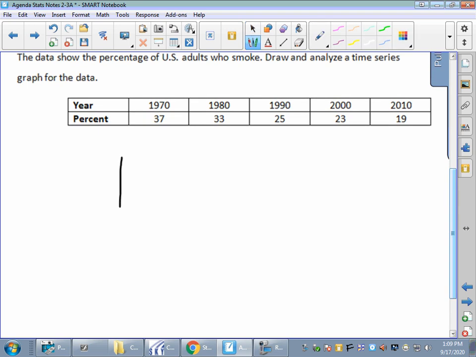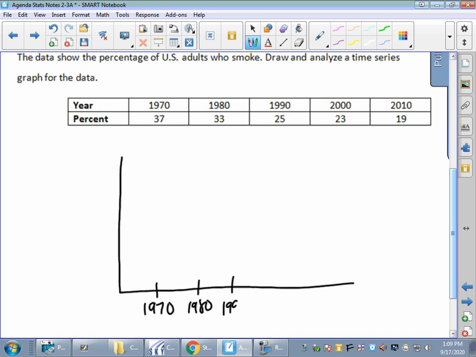So when I make my graph, my years go across the bottom, and my frequency or my percentages go up the side. You want to just watch how you do those. Remember, if you're going to skip a few, you need to still be consistent with your labeling.